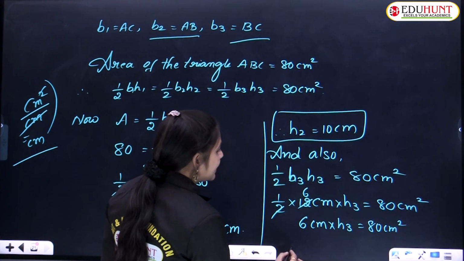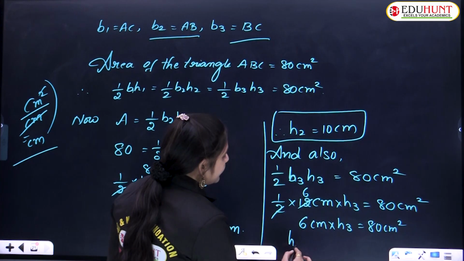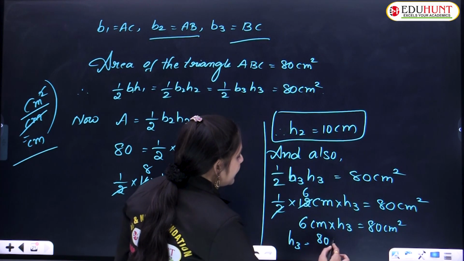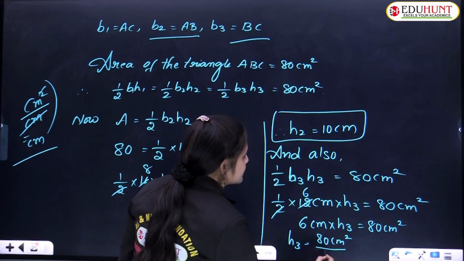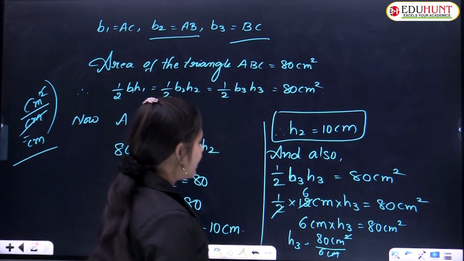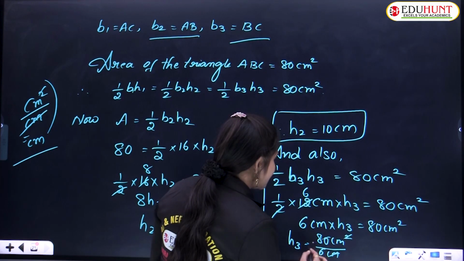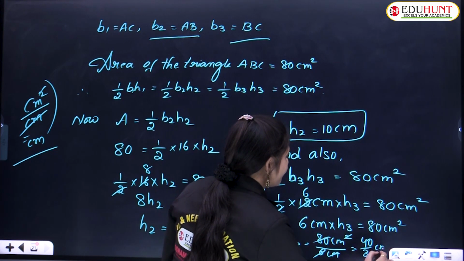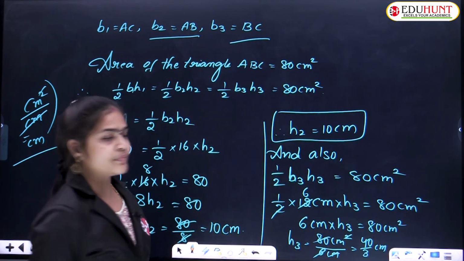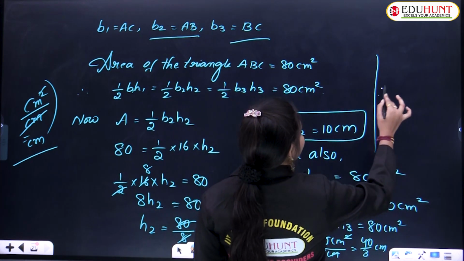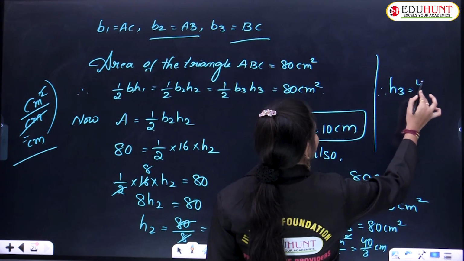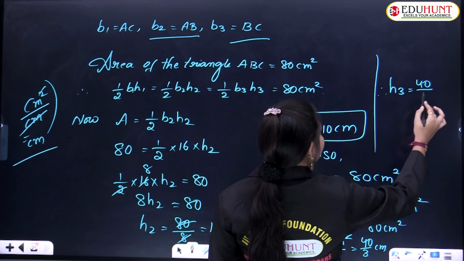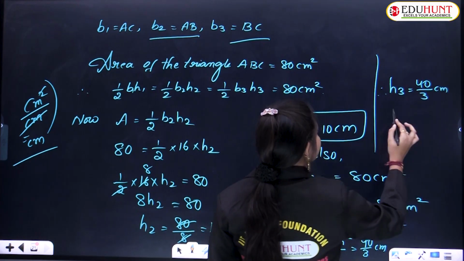Clear? After that, H3 we need to find out. H3 is equal to 80 centimeters square by 6 centimeters. Centimeters, one gets cancelled. Then finally, after cancellation, how much will you get? 2 forties and 2 threes, 40 by 3 centimeters. Finally H3 is equal to 40 by 3 centimeters.